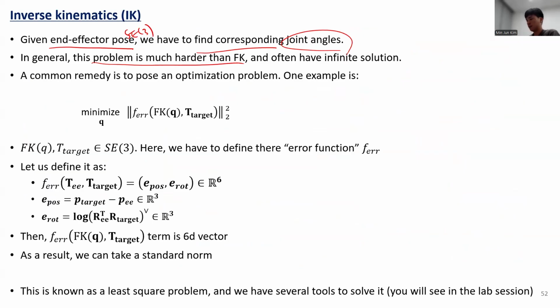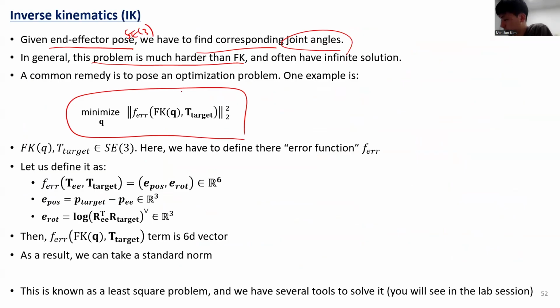One easy remedy is to formulate an optimization. And here's one example that you are going to use in the lab session. So we want to minimize the error between forward kinematics and our target end effector pose, this one.